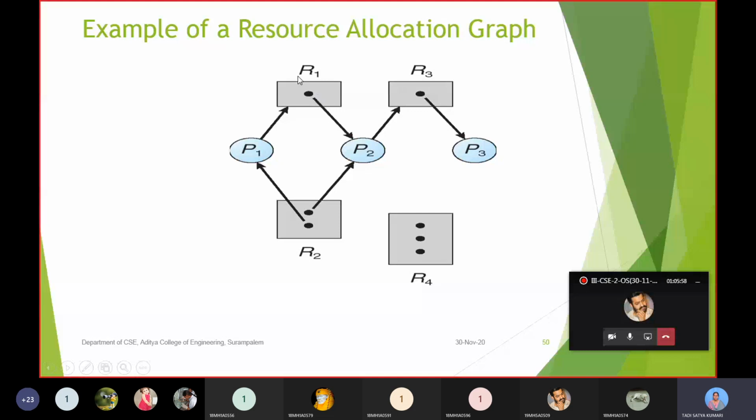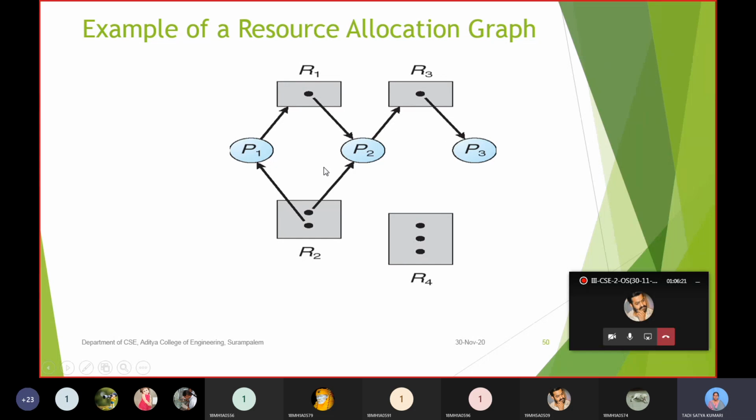R1 has only one instance available, shown by one dot. Resource R2 has two instances, so two dots are there. Resource R3 again has only one instance. Resource R4 has three instances.